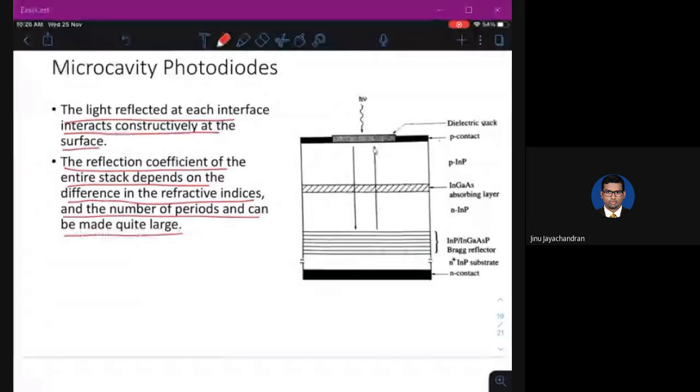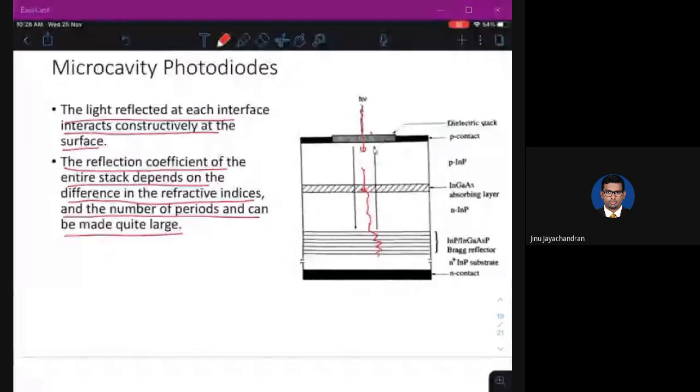Now this light, when it gets through this region, is absorbed here. The same light can move across the Bragg reflector and be reflected, and only that light which interferes constructively after reflection will survive.